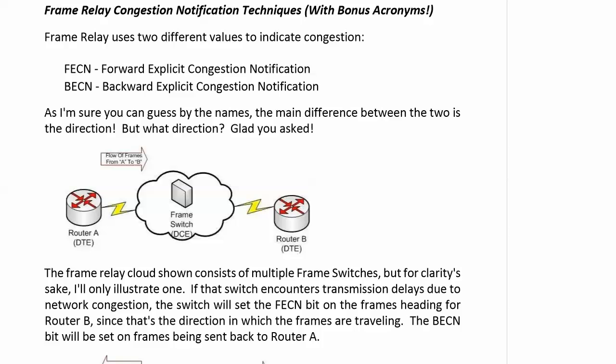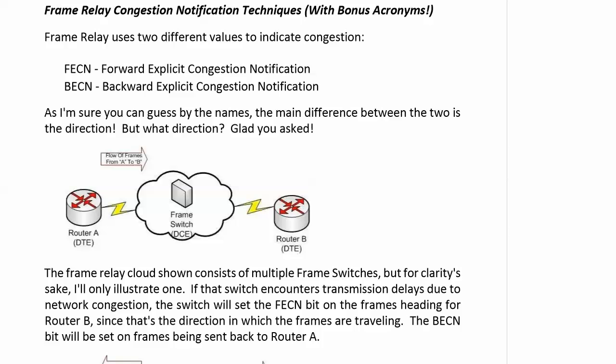The frame cloud we know has multiple frame switches in it, but here I've got one in this drawing for you. If that switch encounters transmission delays due to network congestion, it's going to set the FECN bit on the frames headed for router B, because that's the direction the frames are traveling in.